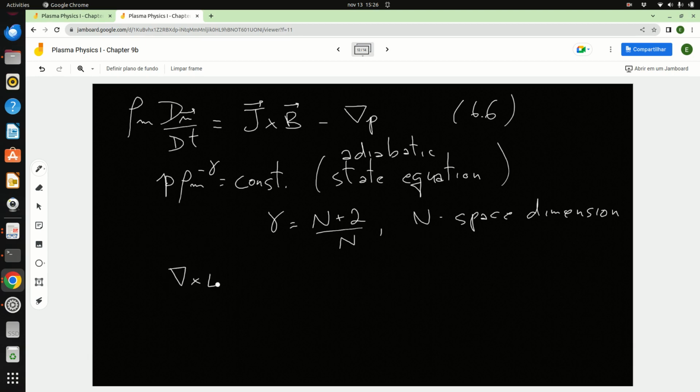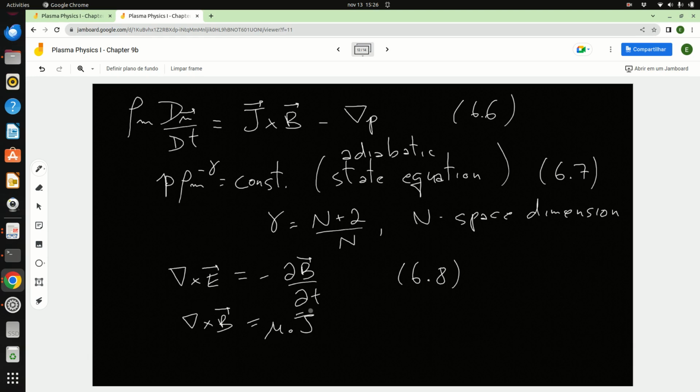Then we keep Maxwell's equations without displacement current. This is 6.7. And then we have the equation for B, just in terms of J. And Ohm's law.